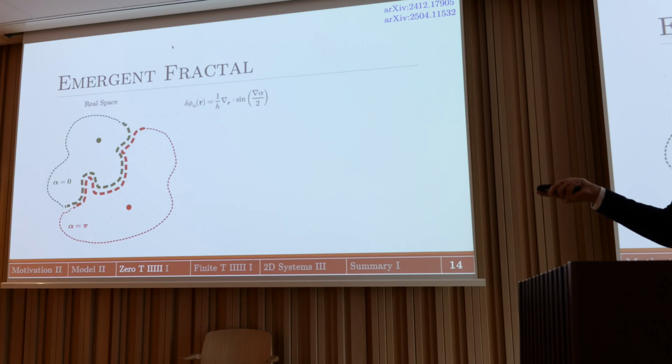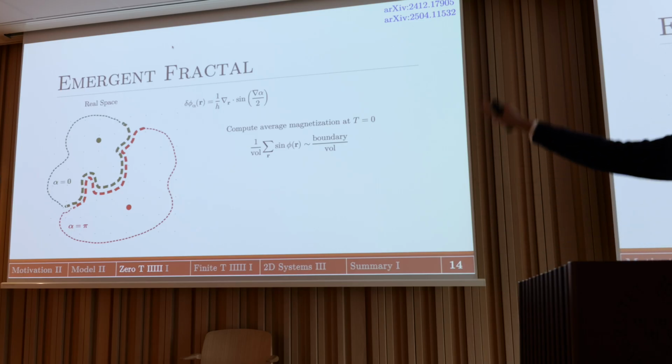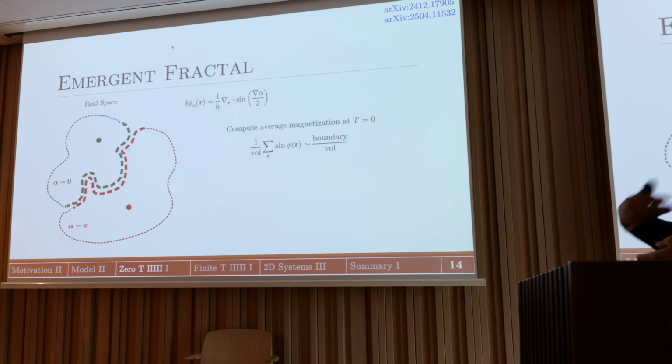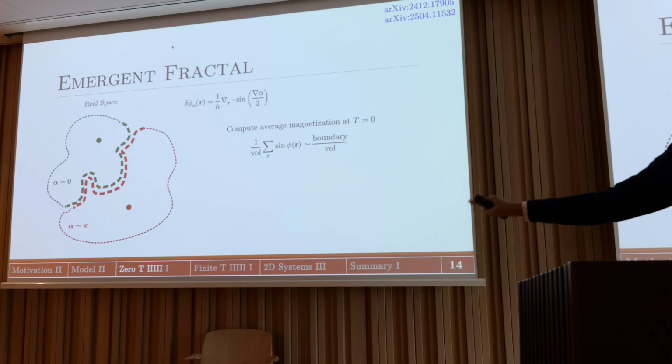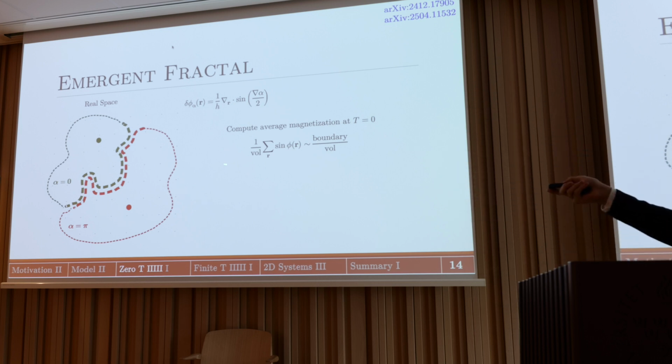Now let's talk about why it's an emergent fractal. Like I said, the ordering only lives on boundaries. The slanting only lives on boundaries. So if I took that literally, and I were to calculate something like the average magnetization, where the sine is going to tell us whether the slanting is upwards, nothing, or downwards, then what this average magnetization should give us would be a boundary over volume contribution, right? Because the slanting only occurs on boundaries.